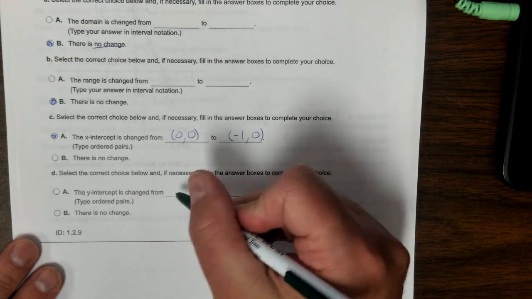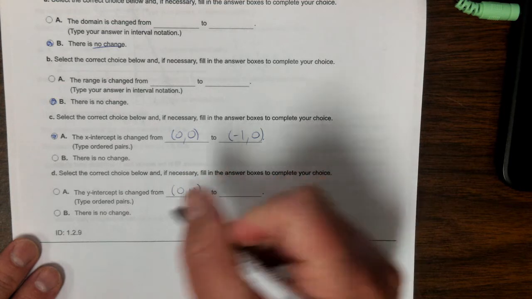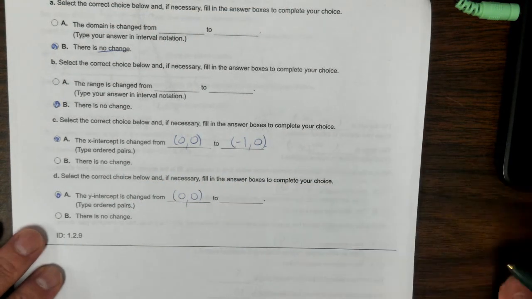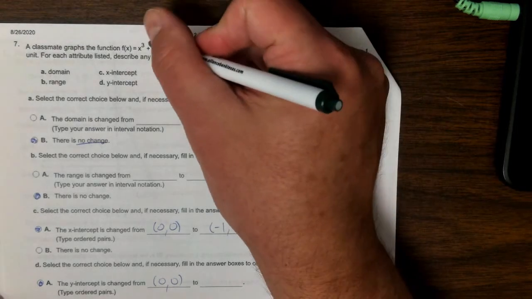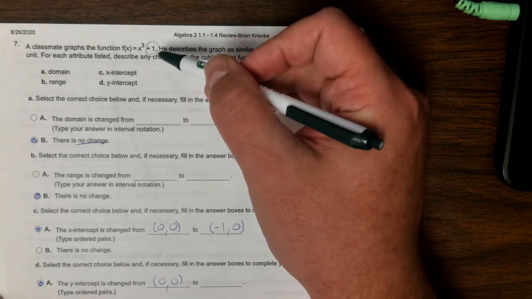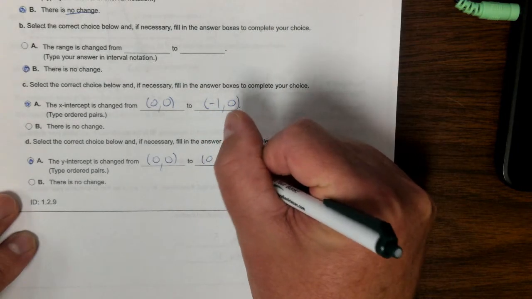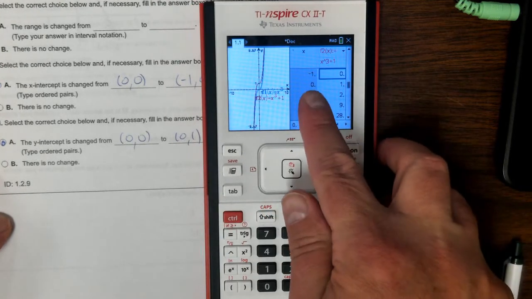And the y-intercept also changes. And even without looking at it, I know that this affects the y-intercept, and so it would be 0, 1. And you can check that in the calculator, 0, 1.